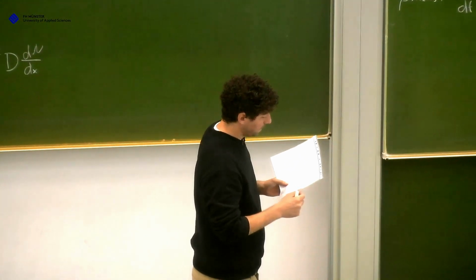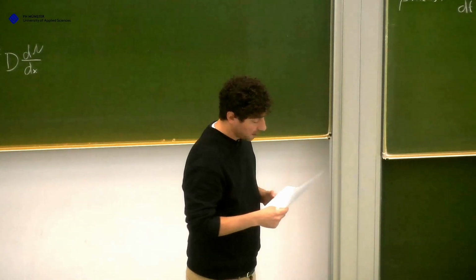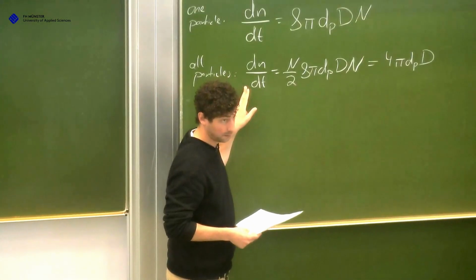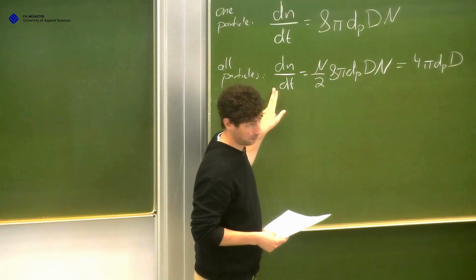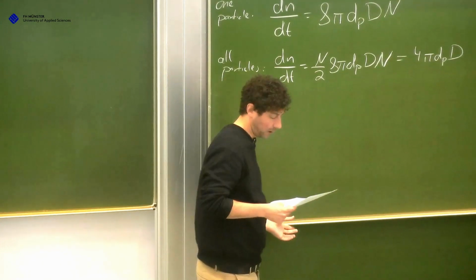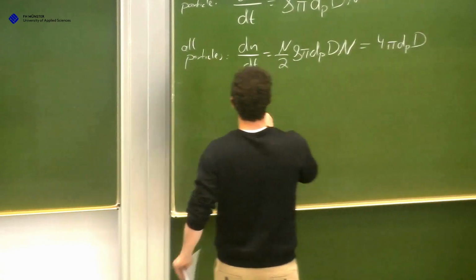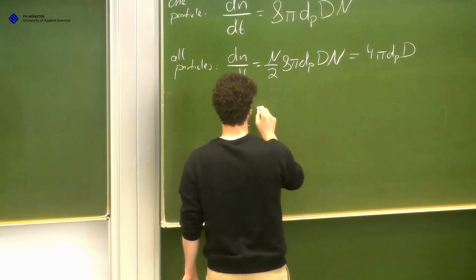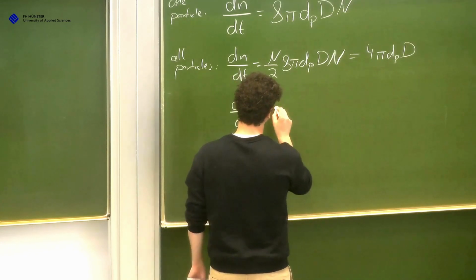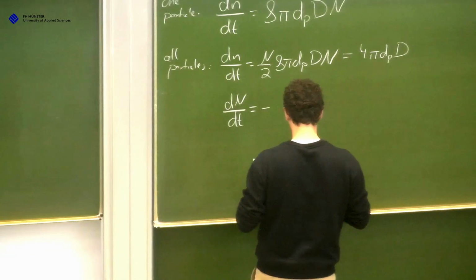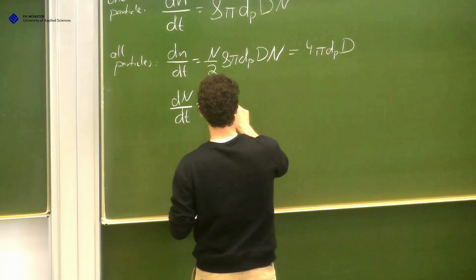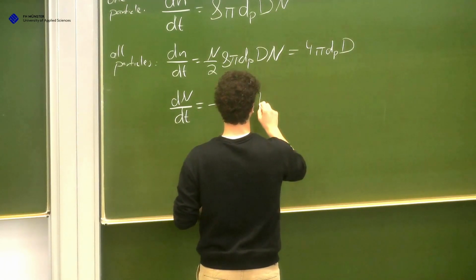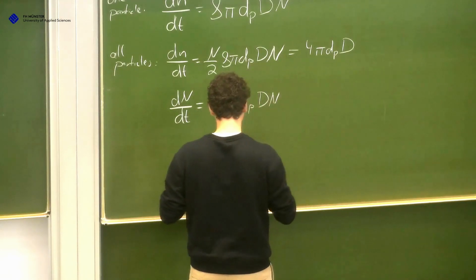So then we can say the rate of collision numerically equals the number concentration but opposite sign. 4 pi dp dn.